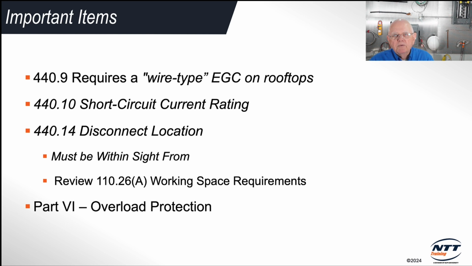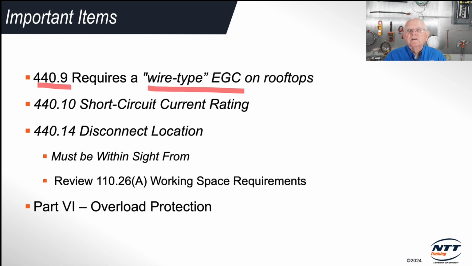And also a couple other important items to keep in mind. 440.9 for rooftop units, it says we must have a wire type equipment grounded conductor through that conduit. And the reason is that came about in a few editions of the code ago. It was due to a fatality where an HVAC worker on a rooftop, no wire type equipment grounded conductor, only the conduit.